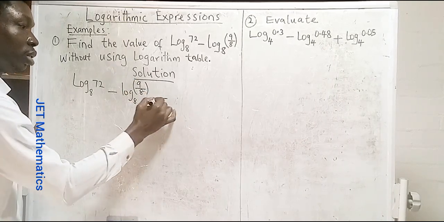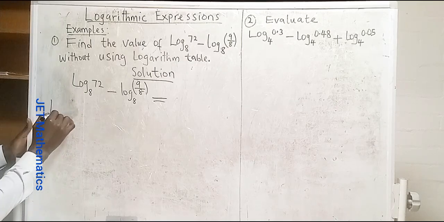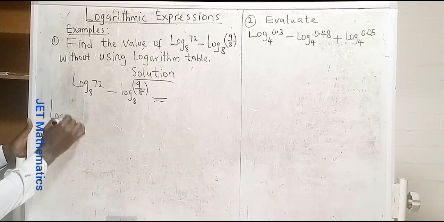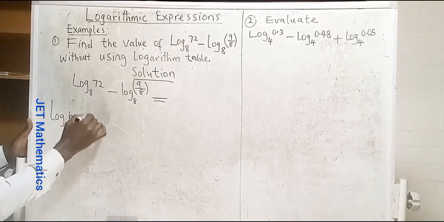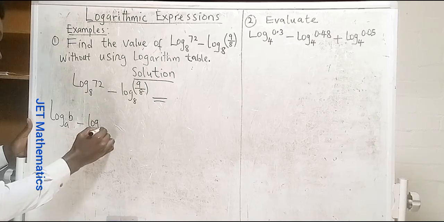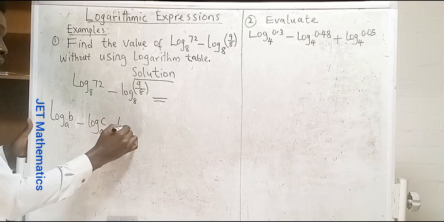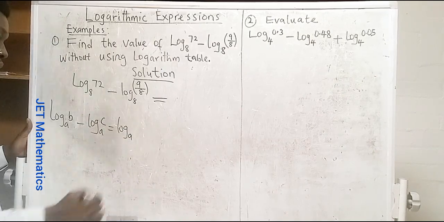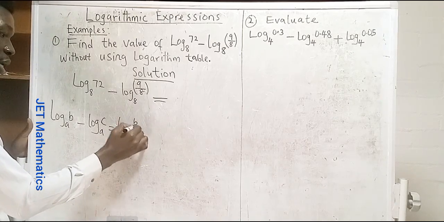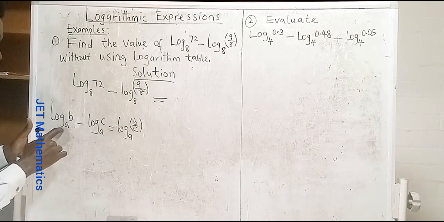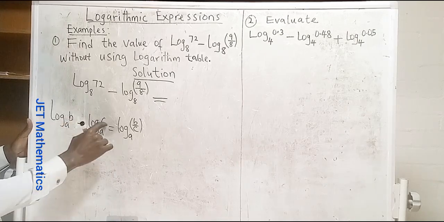Okay, using the law that says that log A B minus log A C should be the same as log A B divided by C. So we'll apply this law, same base minus, you are going to divide the logarithms.